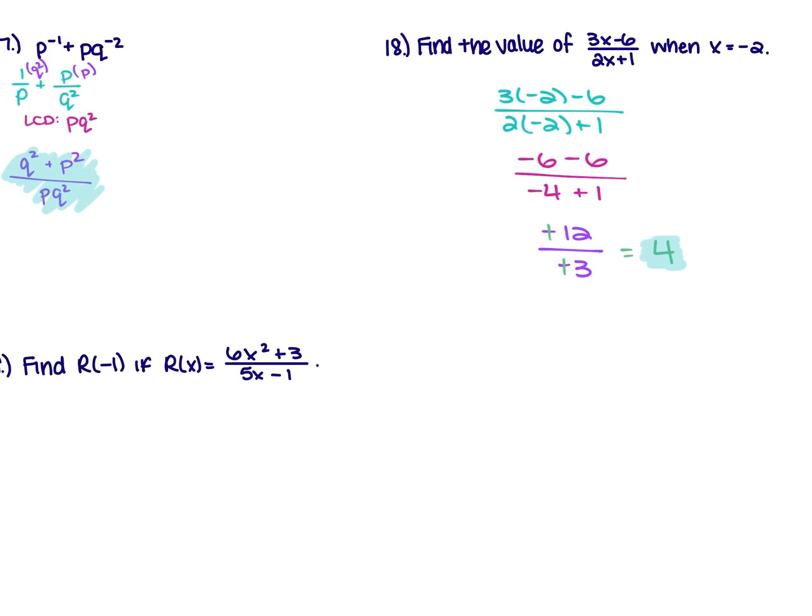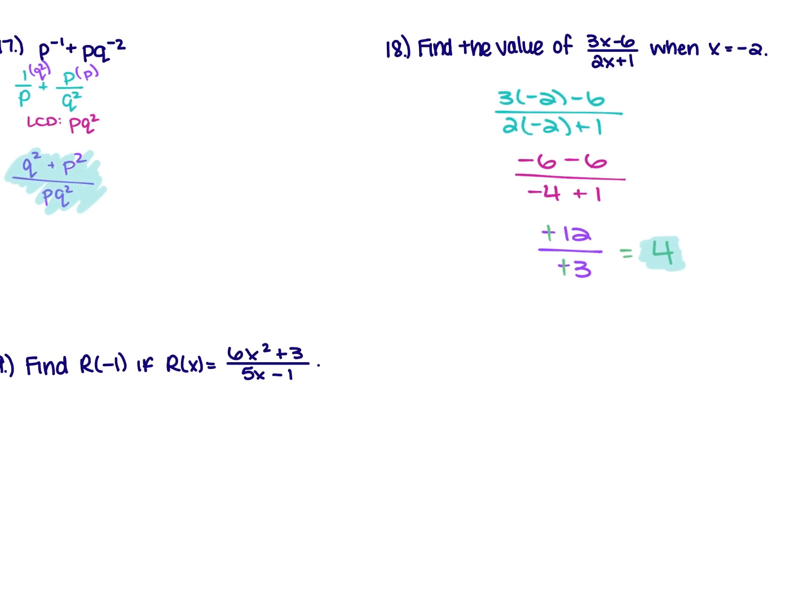You're doing the same exact thing for number 19. It tells you to find r of negative 1 if r of x is equal to 6x squared plus 3 all over 5x minus 1. So wherever you see an x, you're going to replace it with the negative 1. So you're going to have r of negative 1 is equal to 6 times negative 1 squared plus 3 all over 5 times negative 1 minus 1.